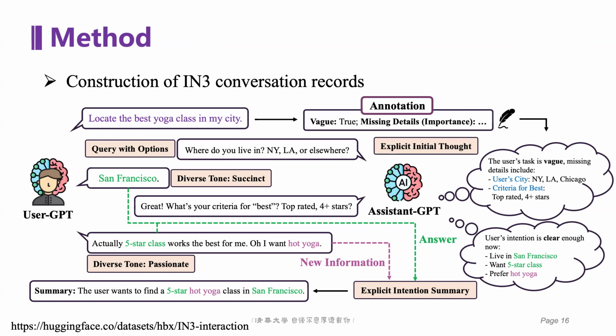We definitely do not involve so much human work, letting humans really answer these questions. So we ask the GPT model to simulate the user to give answers in diverse tones, and we record the user GPT and our assistant GPT's interaction and turn it into trajectories that can be used for training.